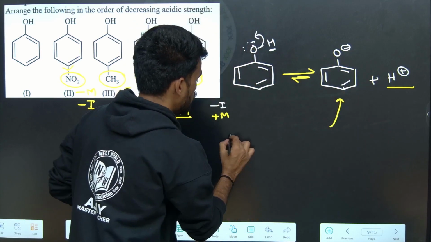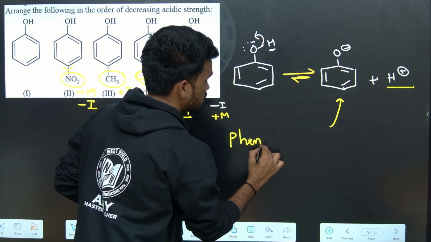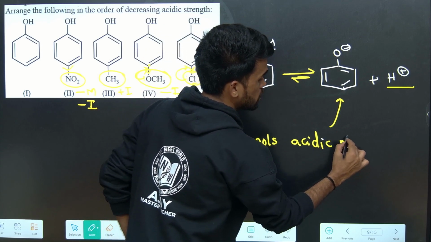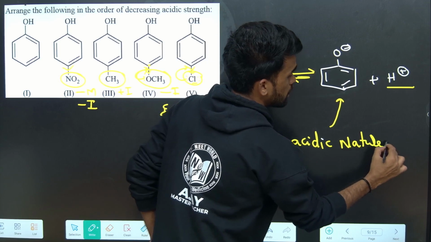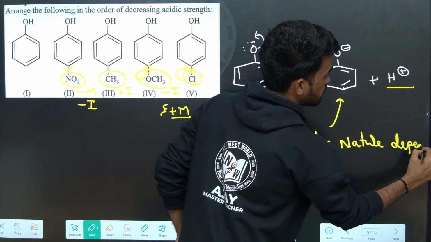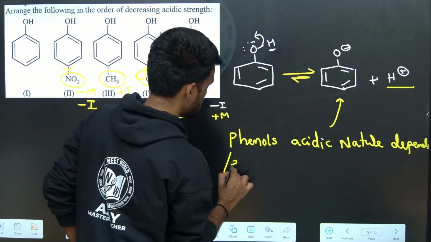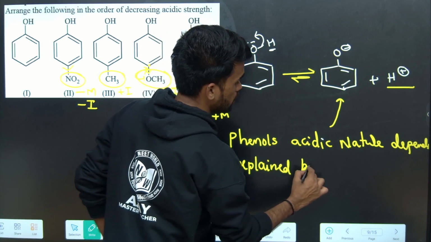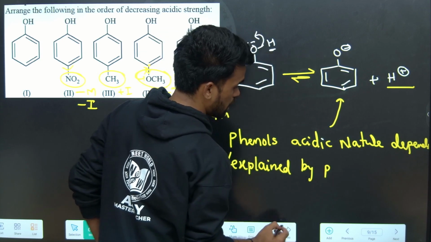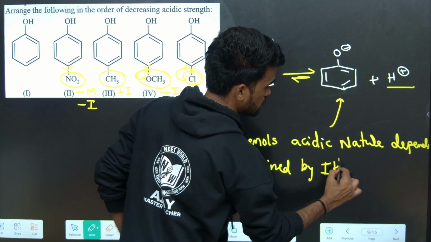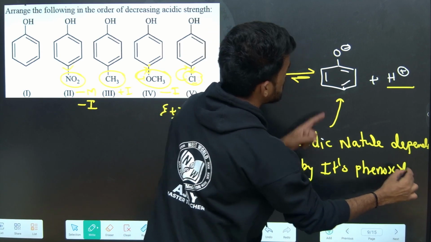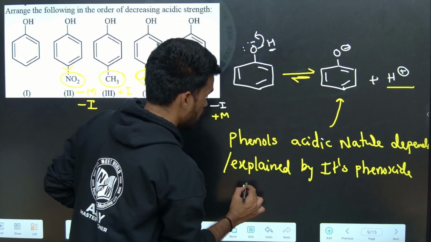So I can write, the acidic nature of phenols is explained by their phenoxide ion stability.